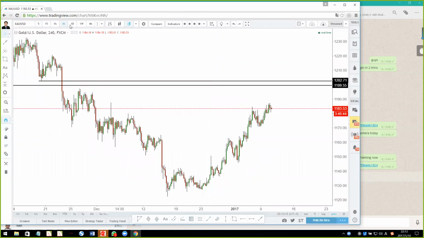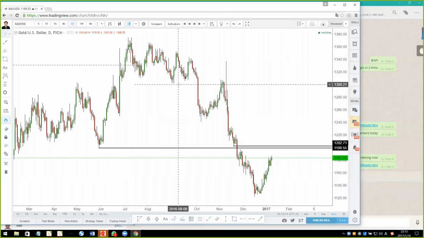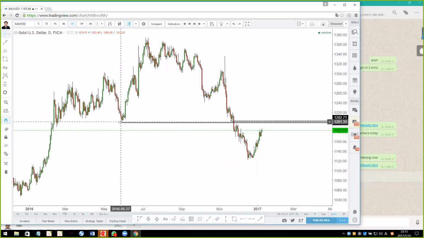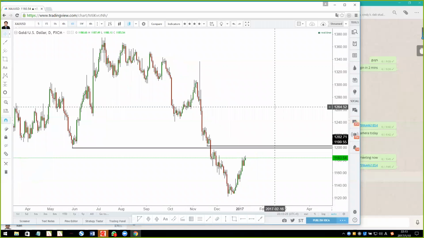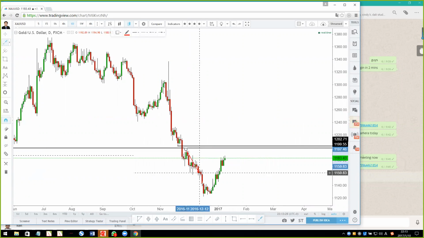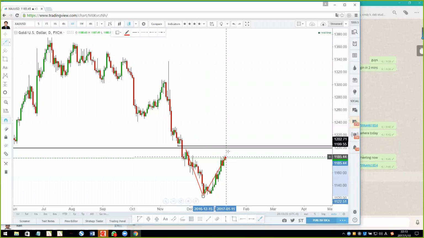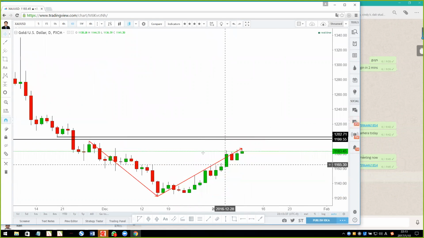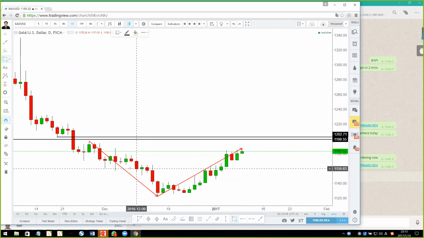Okay, the gold. Let's talk about the daily chart. Where is the major resistance? 1199 to 1202. The gold is kind of forming a V-shaped bottom, and the recent rally is still quite strong, because it breaks the previous structure here.